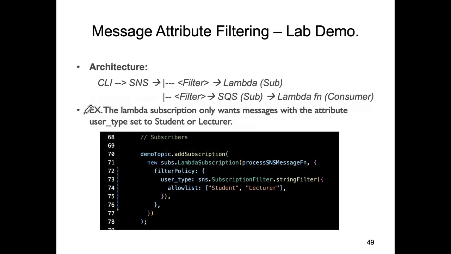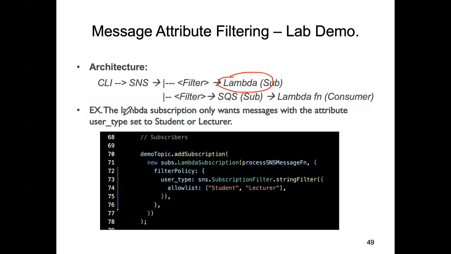Okay, and so for example, if we just focus on the Lambda subscriber, I'm saying here that the Lambda subscriber only wants messages with the attribute user type. I mentioned a few moments back that the attribute is going to be a JSON structure.